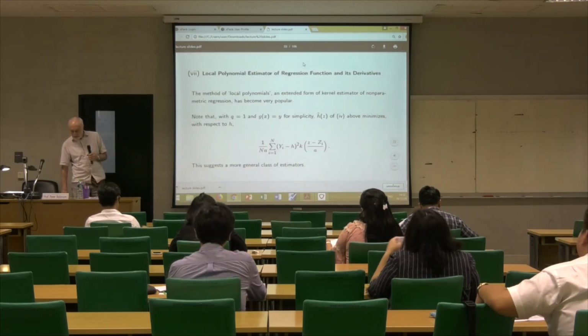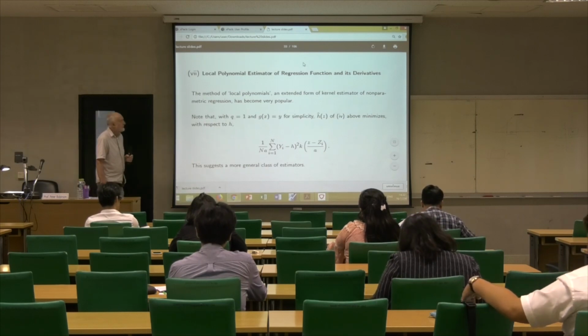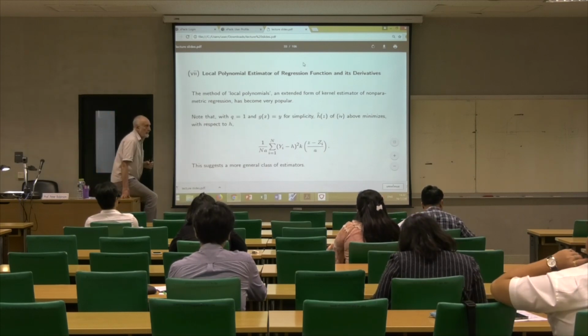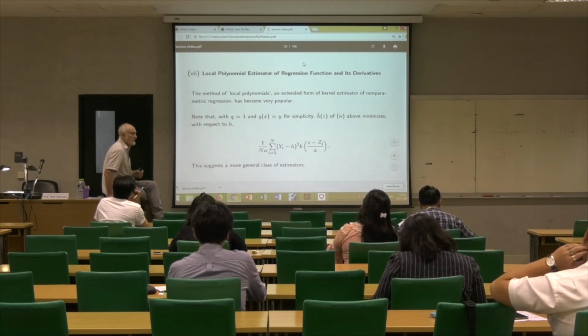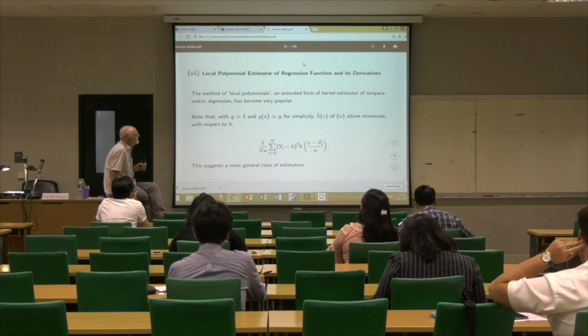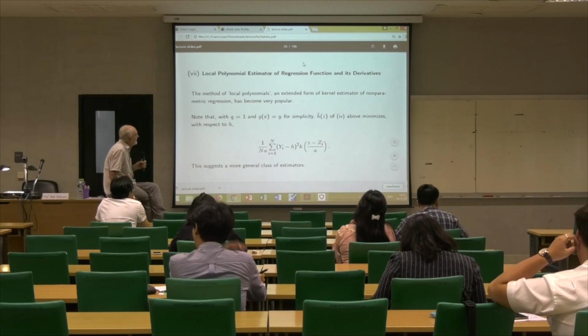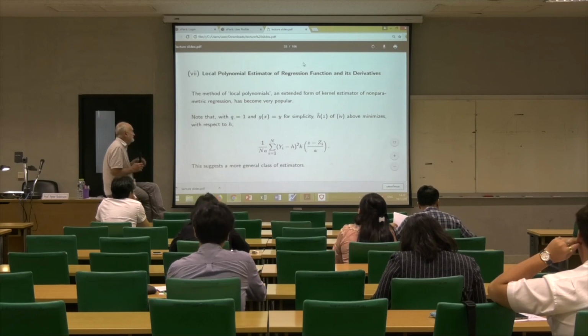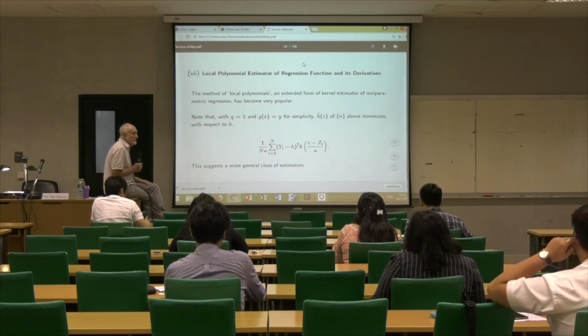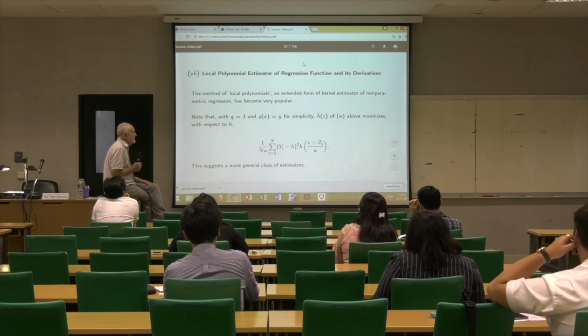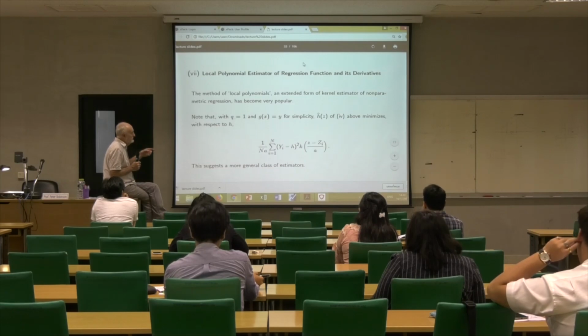All right, so I mentioned an extension of kernel estimation that is popular in statistics. It has been now for maybe 50 years or more, I'm not sure. Local polynomials. I mentioned that there's another way of motivating the kernel regression estimate. I did mention it before, but let me mention it now.